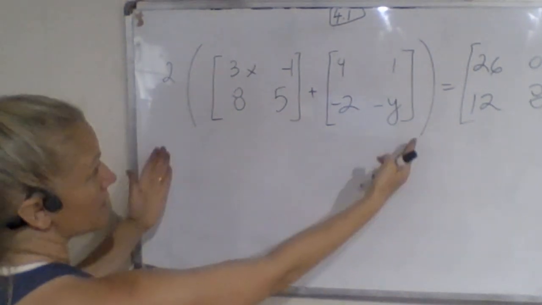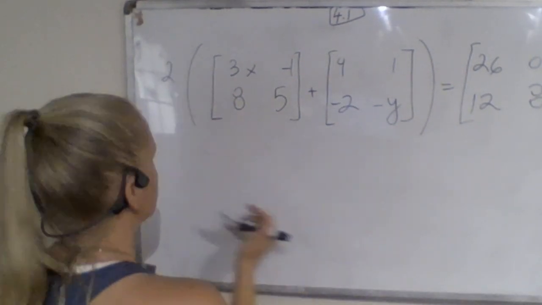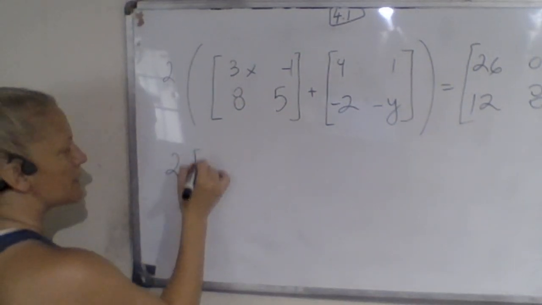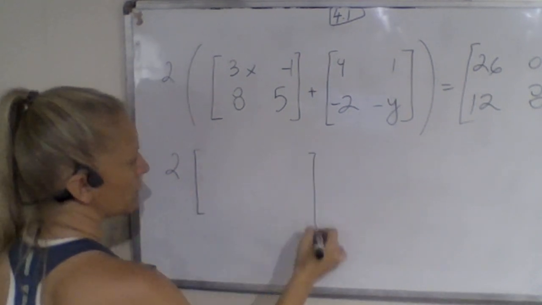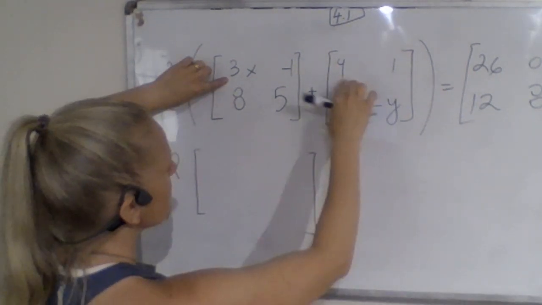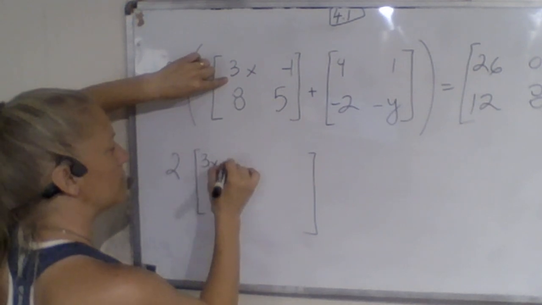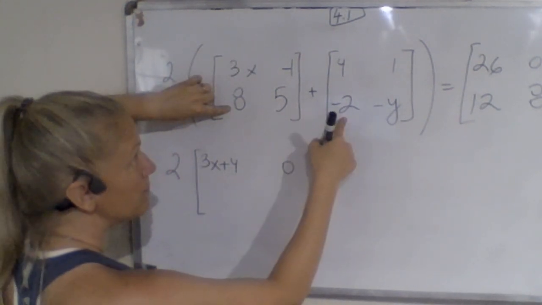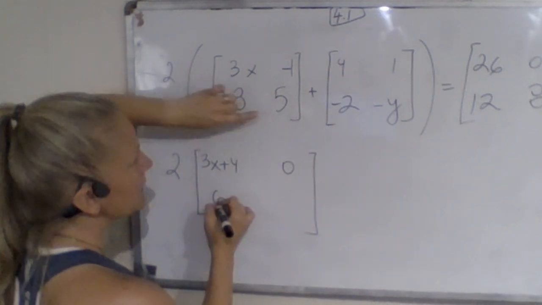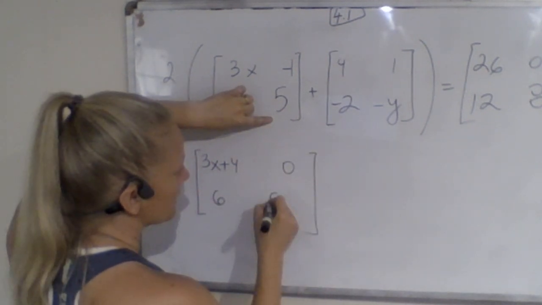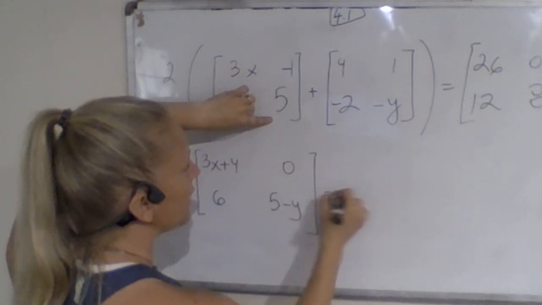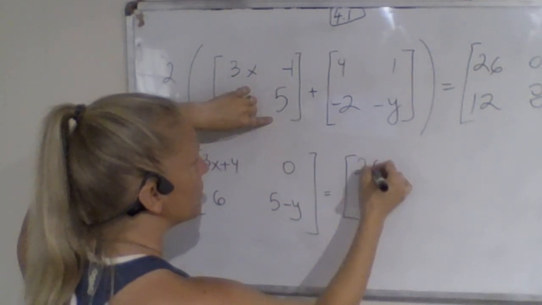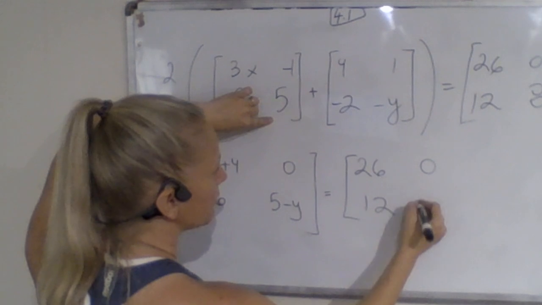We're going to do this just like we would do any other thing. We have parentheses. That's first. So we're first going to do the addition. This becomes 2 times this matrix, which is 3x plus 4, believe it or not. Negative 1 plus 1 becomes 0. 8 plus negative 2, 6. 5 minus y is literally 5 minus y. And all of this needs to equal 26, 0, 12, and 8.